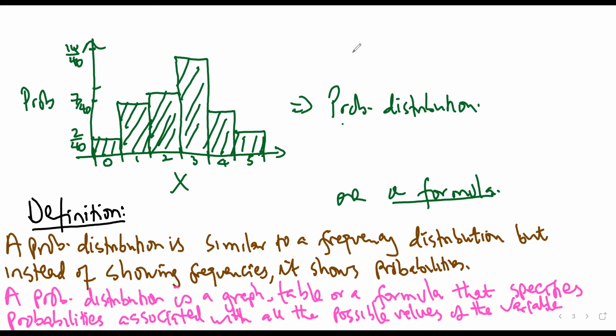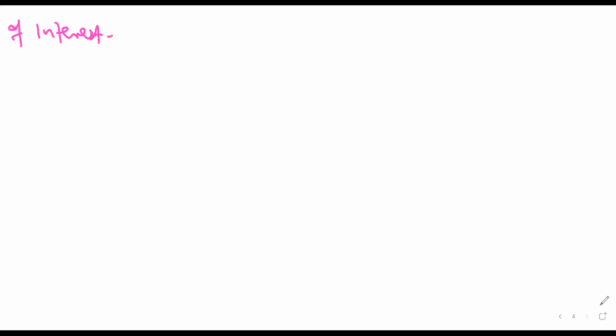Okay. When we talk about all the possible values, let me underline these. All the possible values of the variable of interest. The part I've underlined is actually the definition of what we call sample space in probabilities. So let's recall the meaning of the term sample space as used in probabilities.